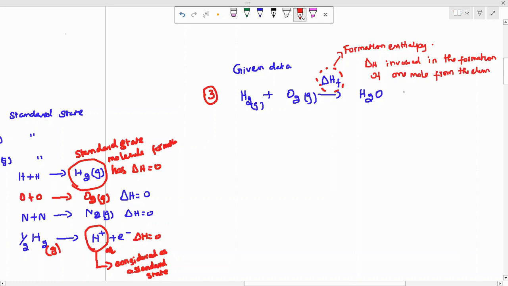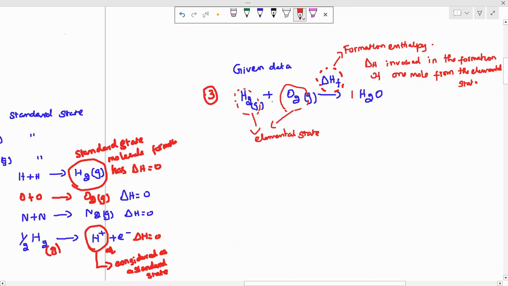The elemental states of hydrogen and oxygen are H2 and O2. These two are elemental states, combining and forming 1 mole of water molecule, right?